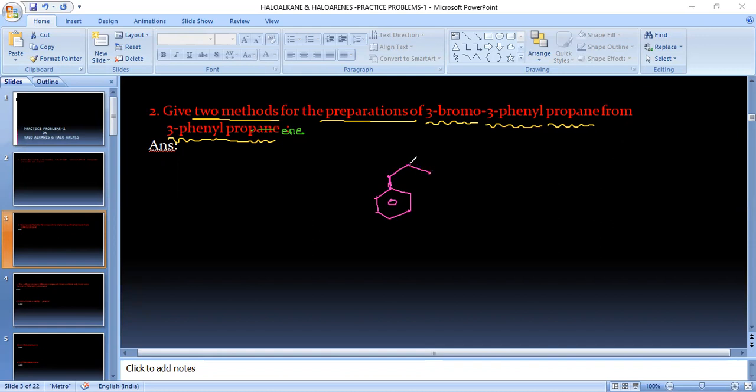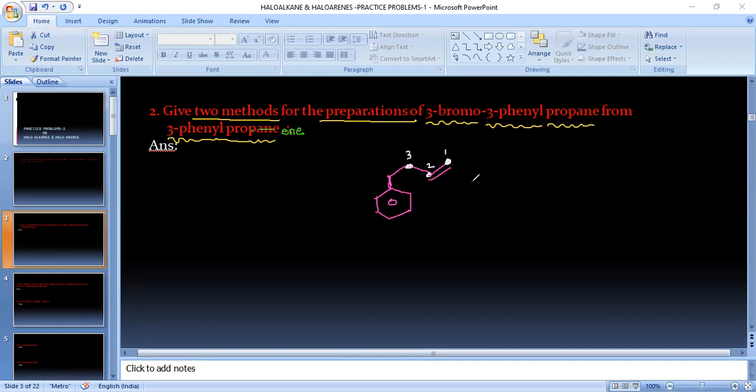So 1, 2, this is the second carbon. This is the first carbon. 1, 2, so on the second carbon phenyl is attached, so let us try with another one. Now it becomes a 3-phenyl. Okay, 1, 2, 3. On the third carbon the phenyl group is attached. Okay, so 3-phenyl propene. So that means I try to get one more bond over here on the first carbon only.